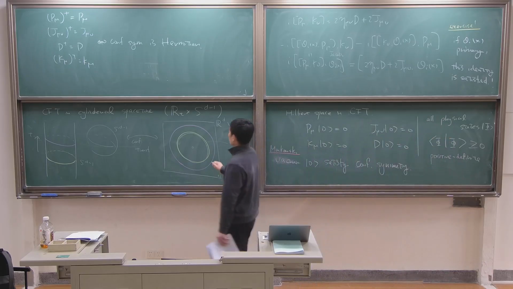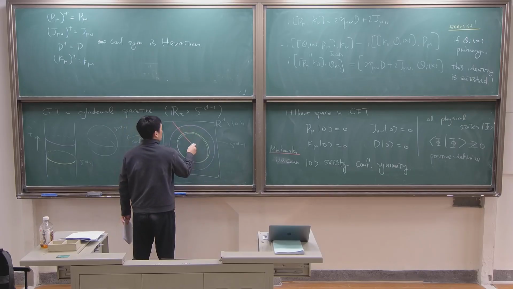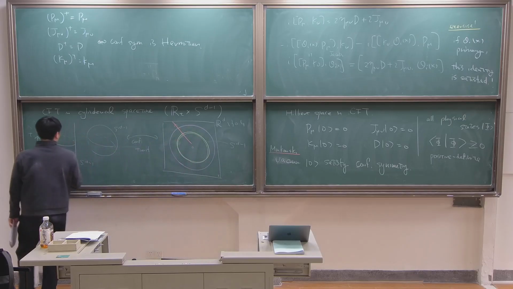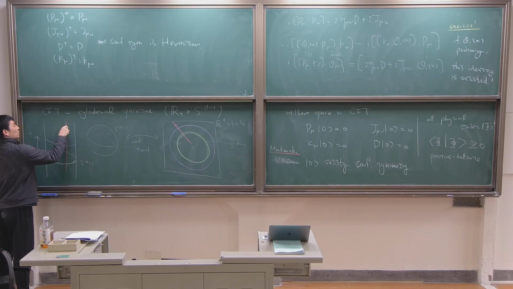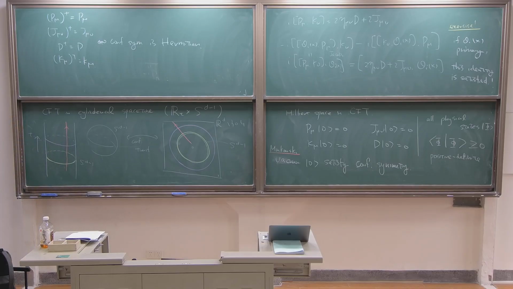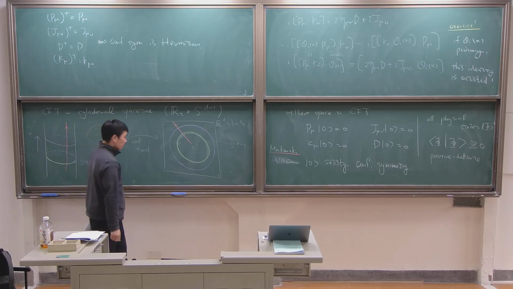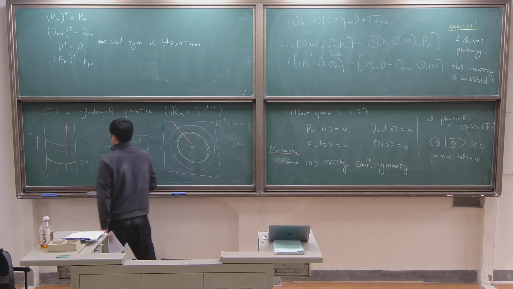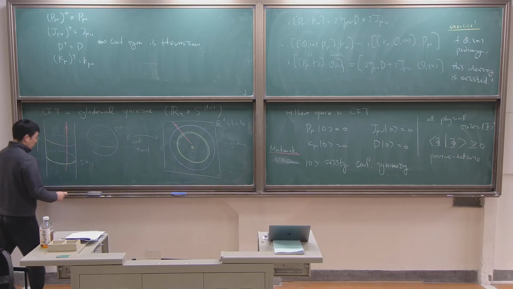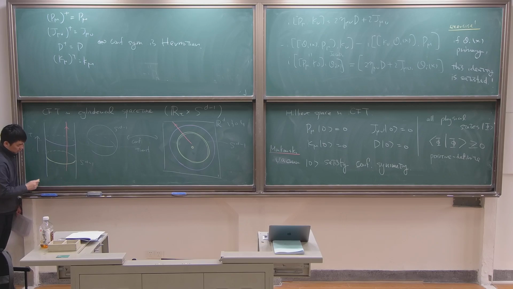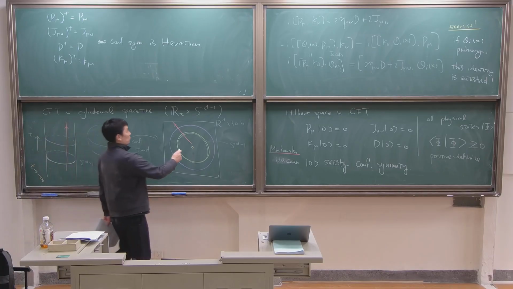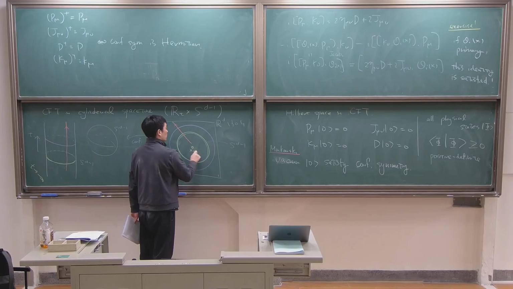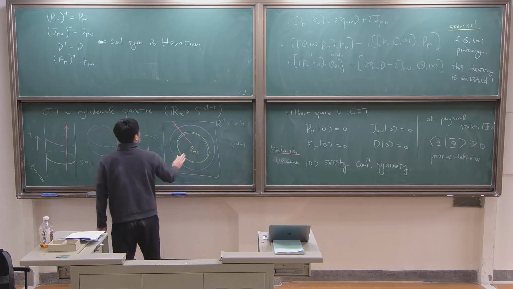In this way, the radial direction is mapped to the time direction. Close to the origin, t going to minus infinity corresponds to x going to 0, or r going to 0.